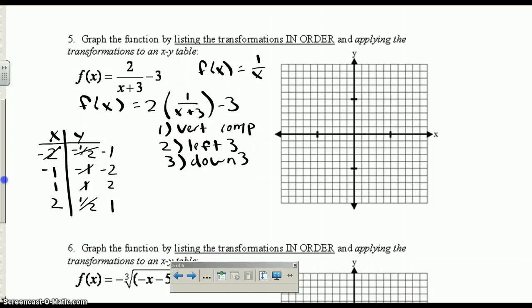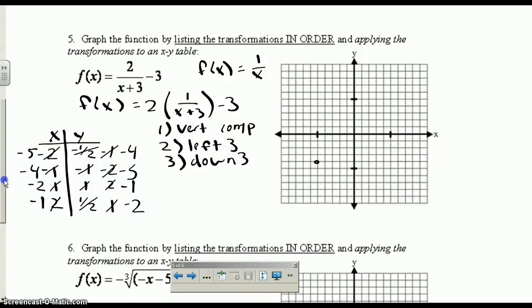Left 3, so I'm going to subtract 3, so negative 5 from all my x values. And then we got negative 2, negative 1. Down 3, so I'm going to subtract 3 from all my y values. Negative 4, negative 5, negative 1, and then negative 2. And now let's graph it. Negative 5 comma negative 4 is way down here.